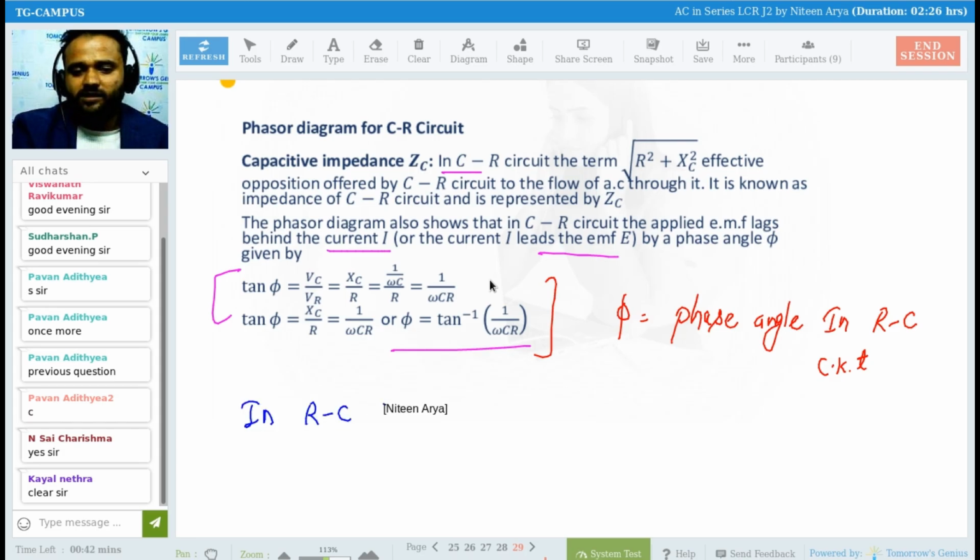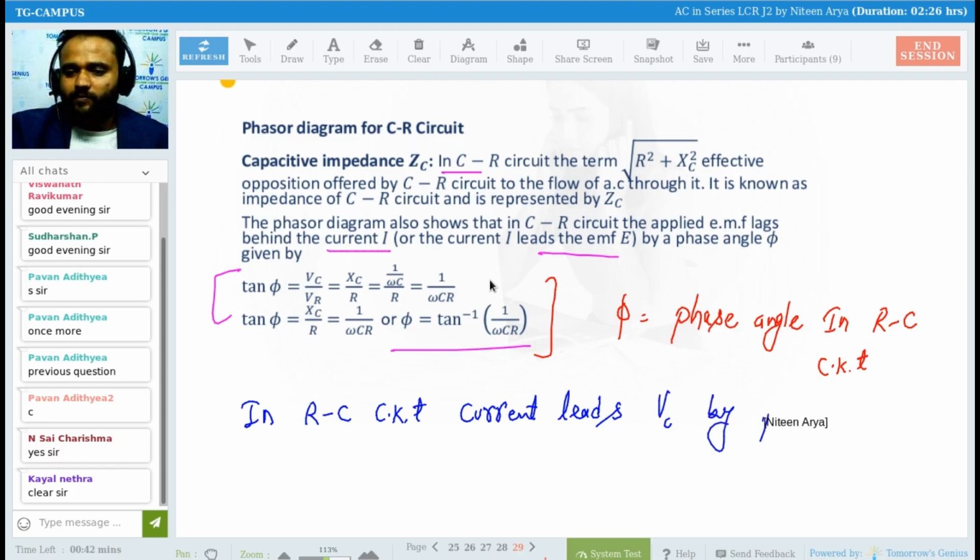In RC circuit, the current leads the voltage applied on the capacitor VC by phase angle phi. Okay, according to this, you can find it.